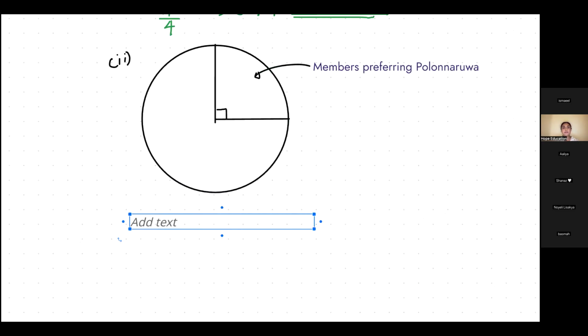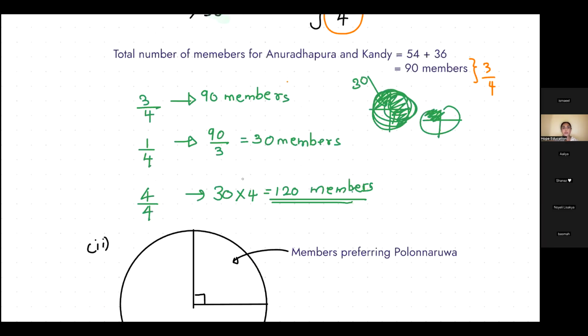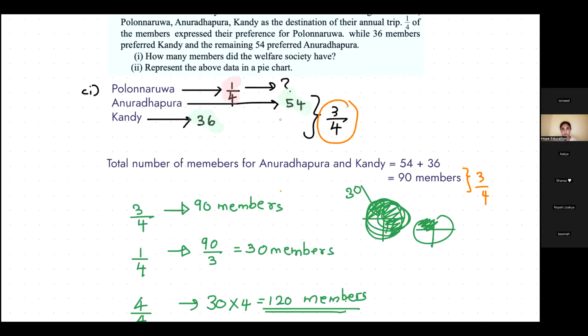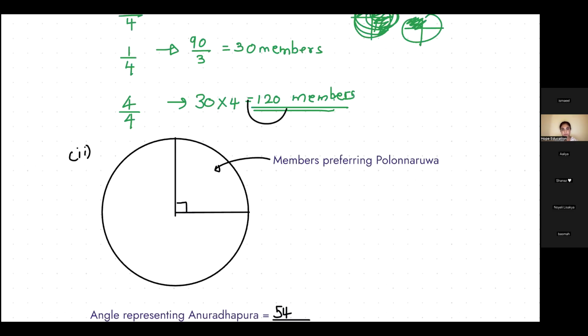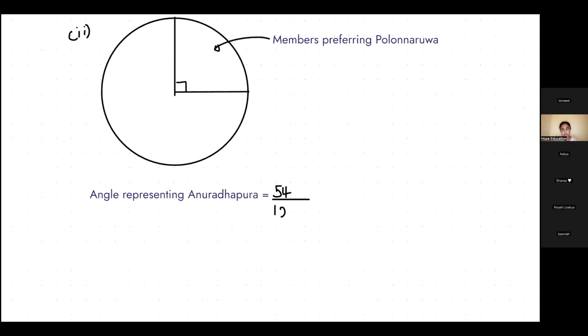So the number of members who prefer to go to Anuradhapura is 54. The total number of members is 120. We have to multiply this by 360 degrees.